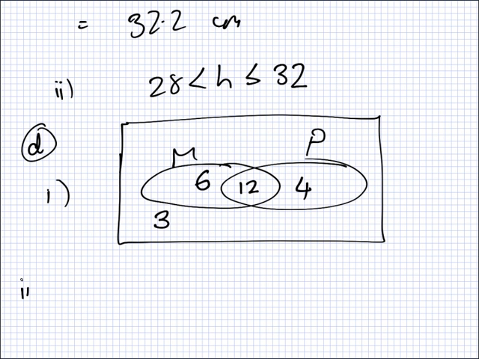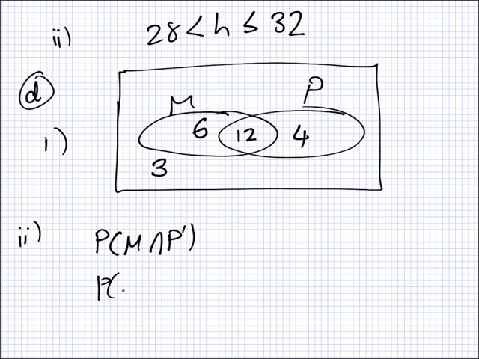Part 2. Find P of M and P dash, the probability of not maths or not physics, and maths given physics.